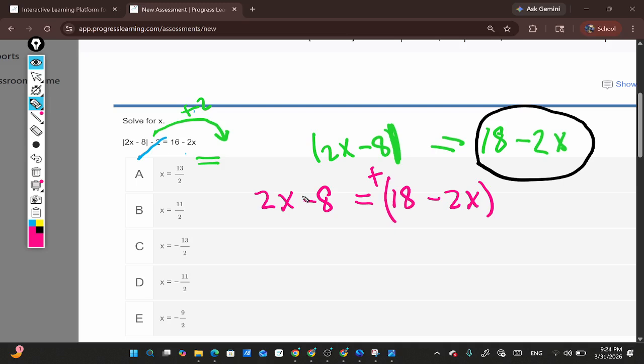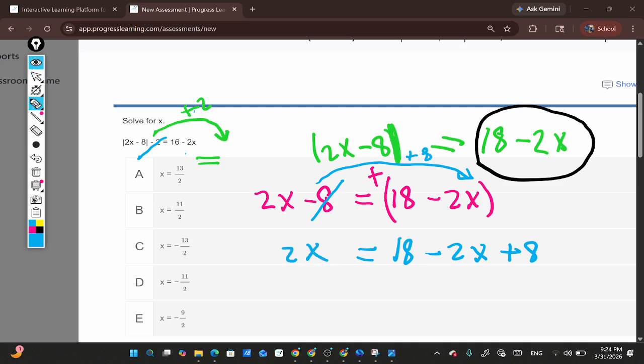Now we have here negative 8, so we can use the addition property again. Simply we can move the 8 to this direction to make it positive 8, adding. So we can add 8, so we cancel 8 in this case, but we end up with 18 minus 2x plus 8, and we are left with 2x.